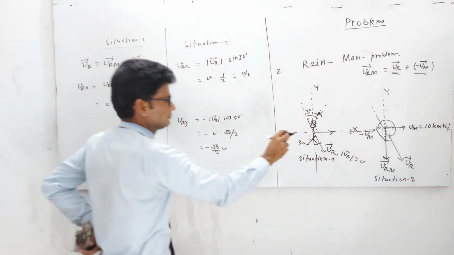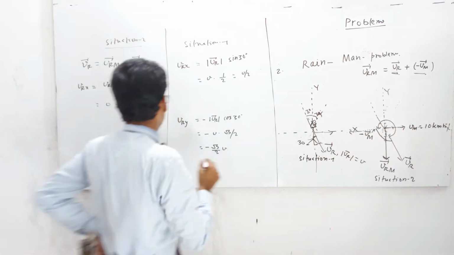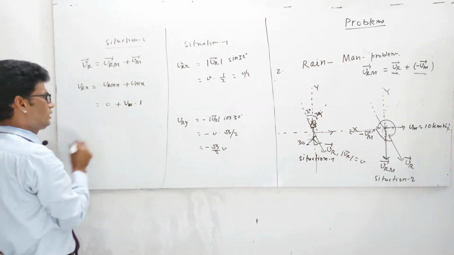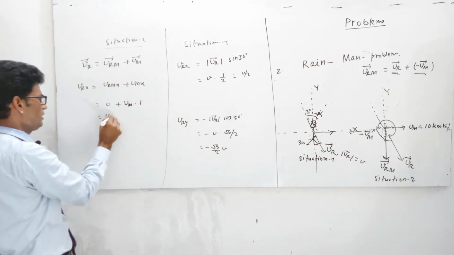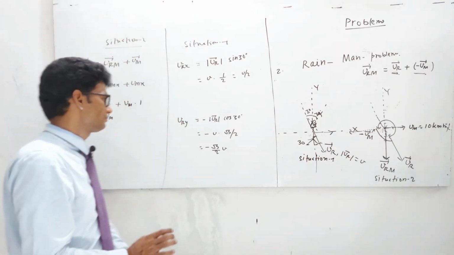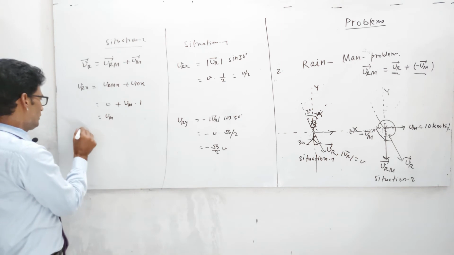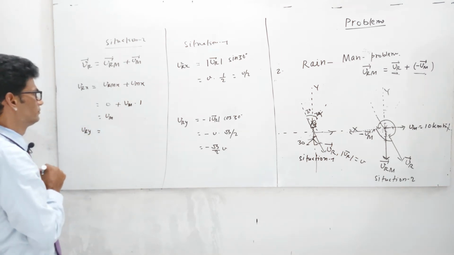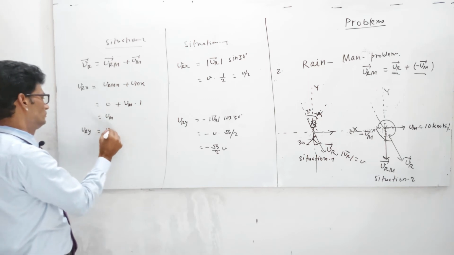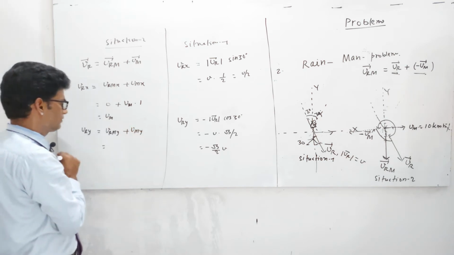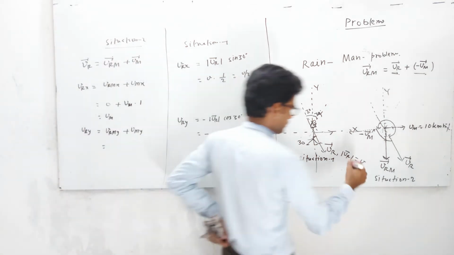Velocity of man is moving in the positive direction. So here Vm cos 0 is 1. This comes out to be the velocity of man, which is already given. We have to put the value of Vm to get the answer. Now similarly Vry equals Vrmy plus Vmy. What is Vrmy? This is situation 2.